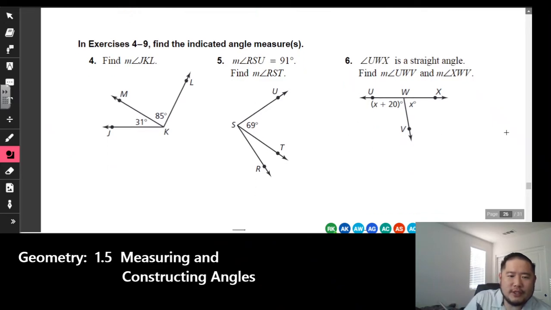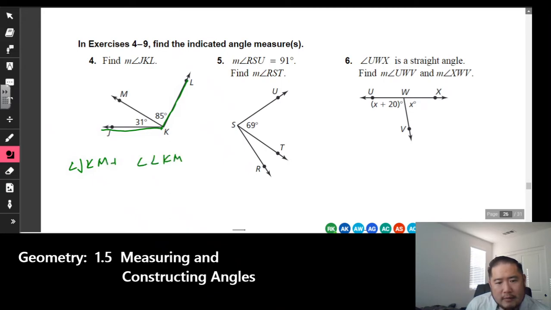Find the indicated measure or measures. Once again, let's use the angle addition postulate this time. To find angle JKL, which is the whole entire thing, this one works out nicely. Angle JKM plus angle LKM is equal to angle JKL.